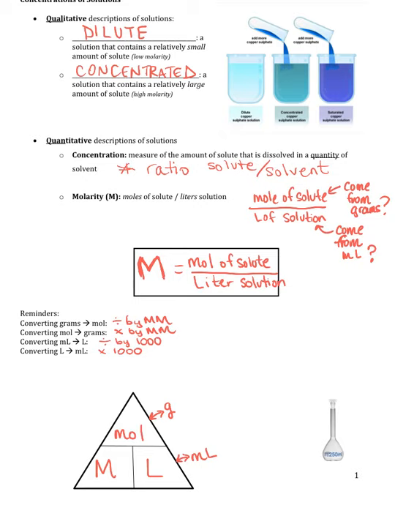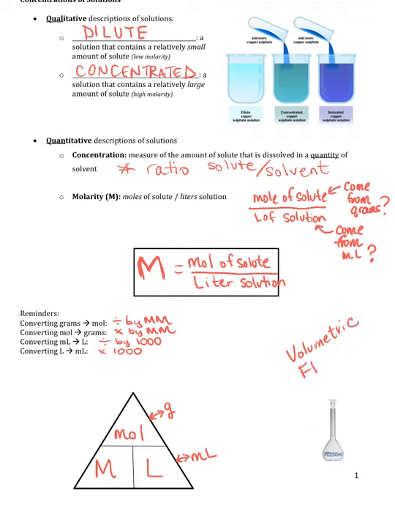The last little reminder here, or I guess introduction of a piece of equipment I want to put here, is this little handy dandy lab item, which is called a volumetric flask, because we didn't get to use one in the lab.